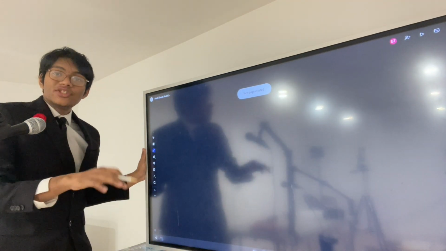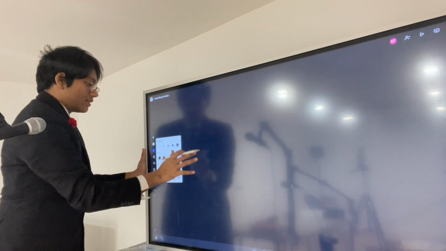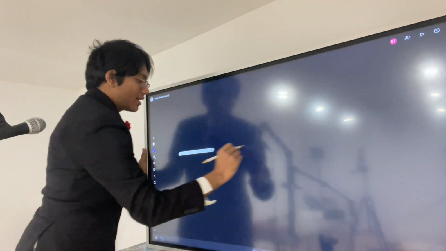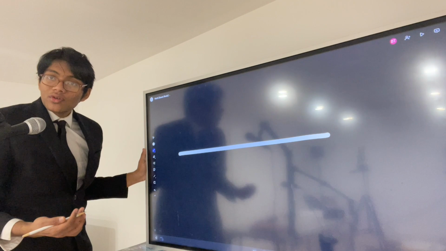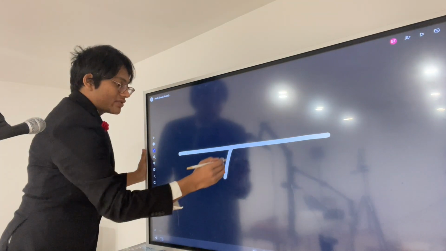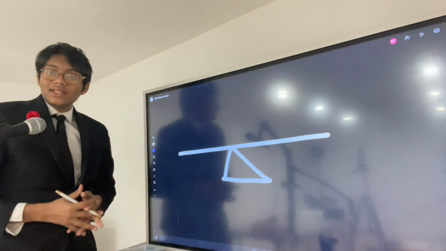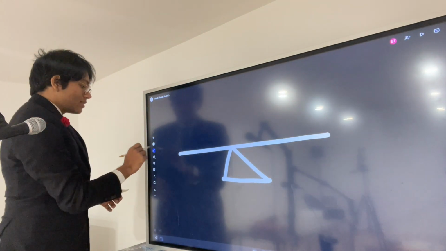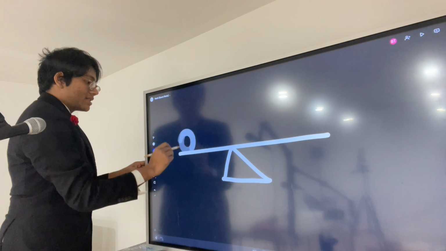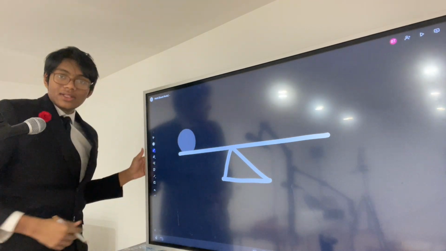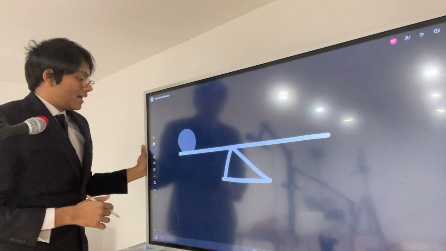Imagine you have a seesaw, like on the playground. So you have a seesaw like this, and there's a fulcrum, right? There's a kind of center point of the seesaw. Now, there's nothing on the seesaw right now, but let's say I put some object. Let's say I put a little mass here. It doesn't have to be a circle, just a mass.